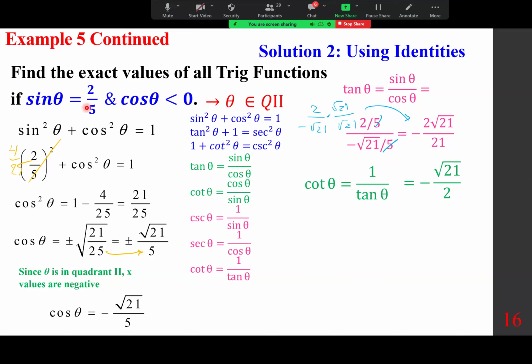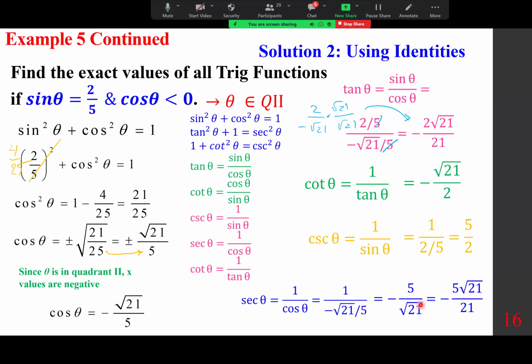Sine is 2 over 5, cosecant 5 over 2. Cosecant is 1 over sine theta, 1 over 2 over 5 is 5 halves. Cosine is minus square root of 21 over 5. Secant is the reciprocal of this.